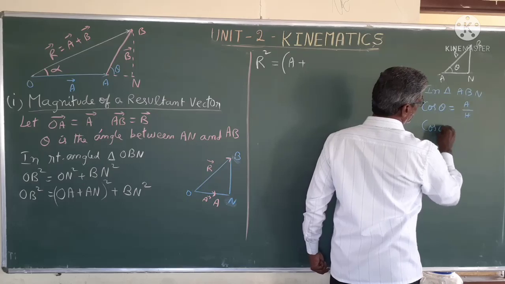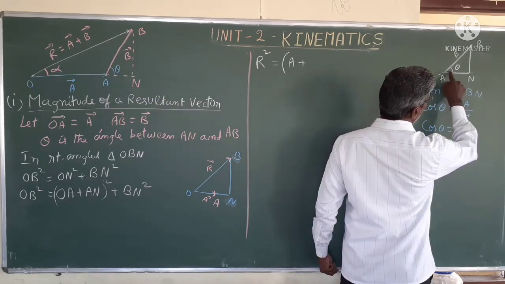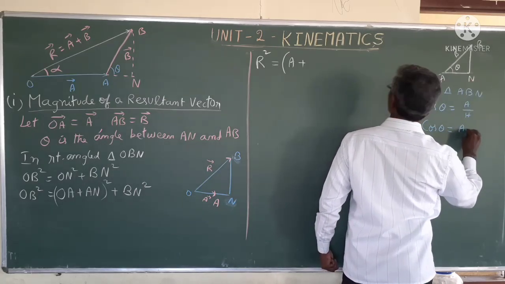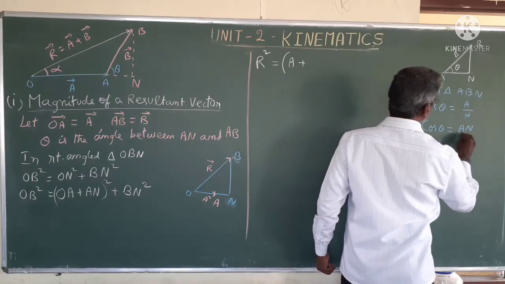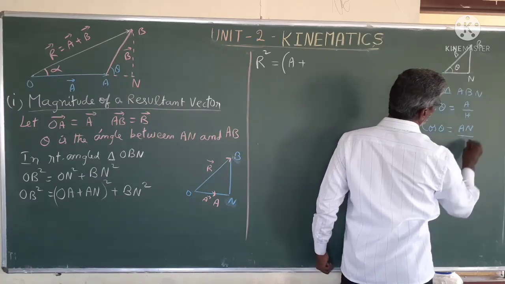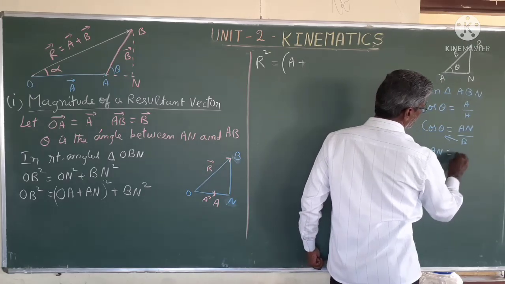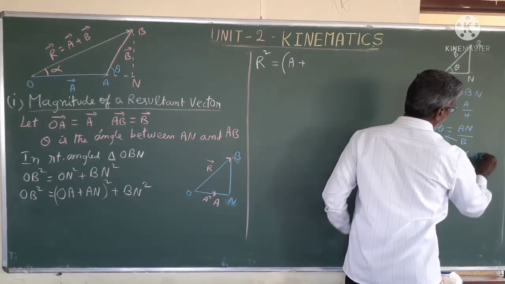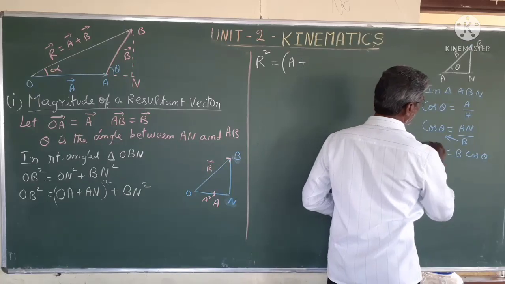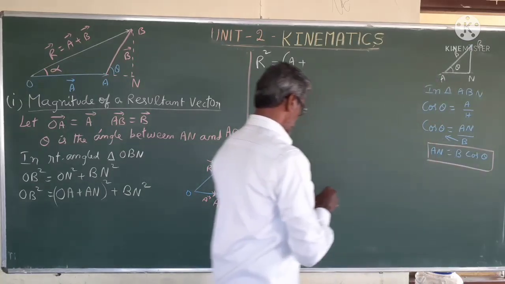So cos theta is equal to, what is adjacent here? AN. Then hypotenuse is B. So AN is equal to B cos theta.